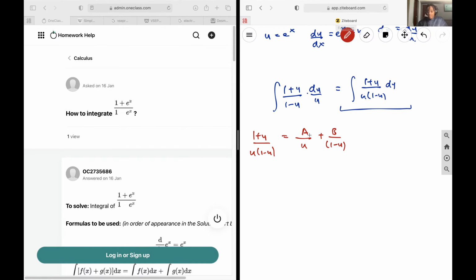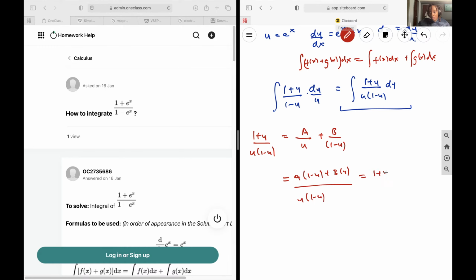And then we're just going to solve for our a and b, and then separate this fraction using the rule that the integral of f of x plus g of x dx is the same thing as integrating them separately. Okay, so we solve for a and b by rewriting this as a times (1 minus u) plus b times u, over u times (1 minus u), is equal to (1 plus u) over (1 minus u).